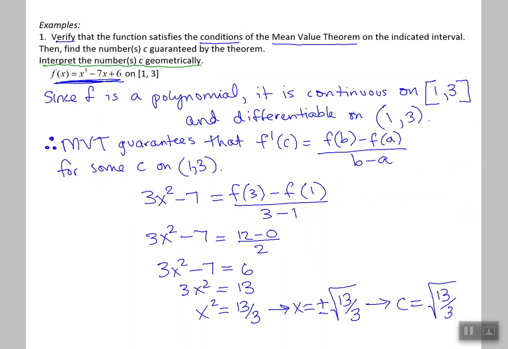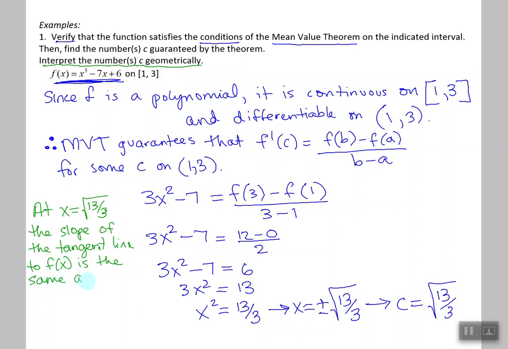Let's be specific about this for our function. So we can say at the x value, square root of 13 thirds, the slope of the tangent line to f of x is the same as the slope of the secant line connecting what points?